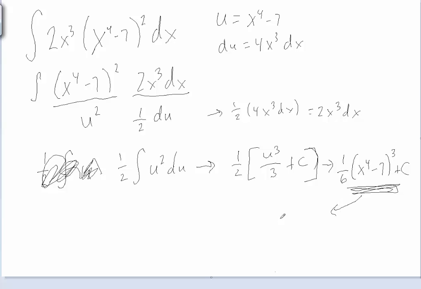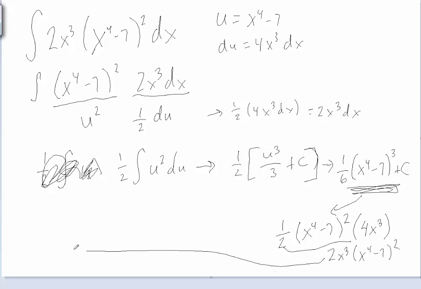And checking, using the chain rule, we get 3 times 1/6, that's 1/2, times x to the 4th minus 7 squared, times the derivative of x to the 4th minus 7. Multiplying these two together gives us 2x cubed times x to the 4th minus 7 squared, which matches up with what we started with.